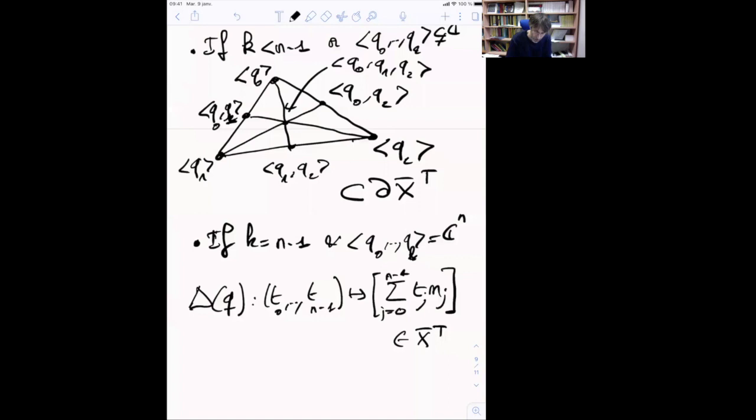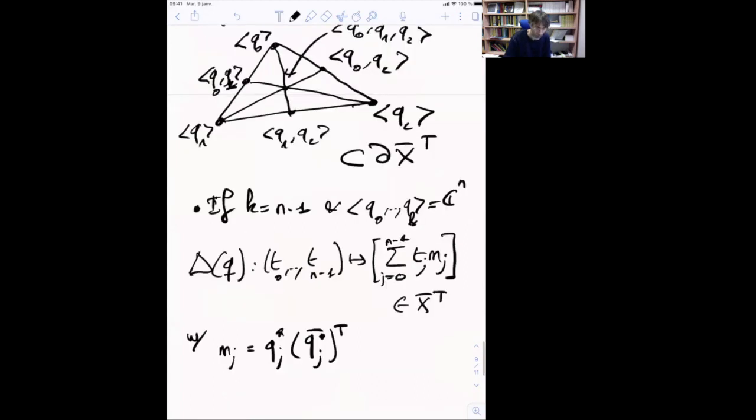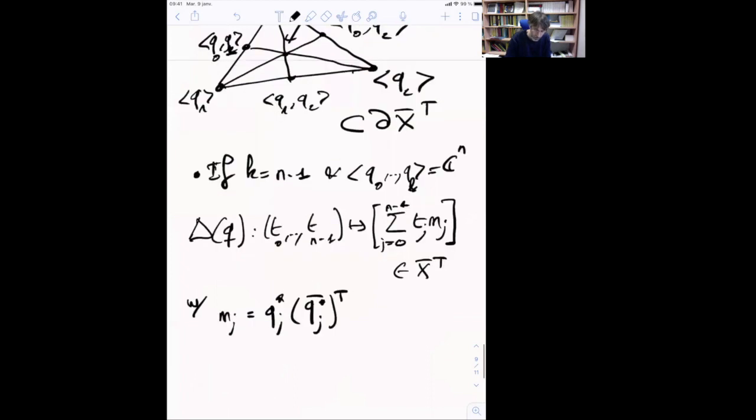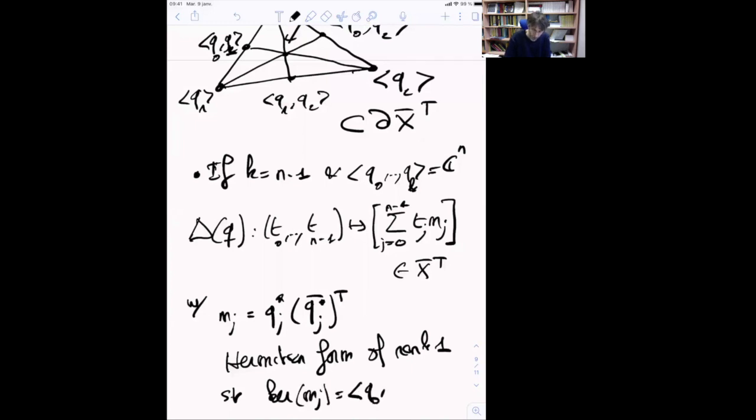So the Mj are, I can write what it is, but I will explain what, so it's a Hermitian form of rank 1 such that the kernel of Mj is precisely the subspace spanned by all the Qi except Qj.